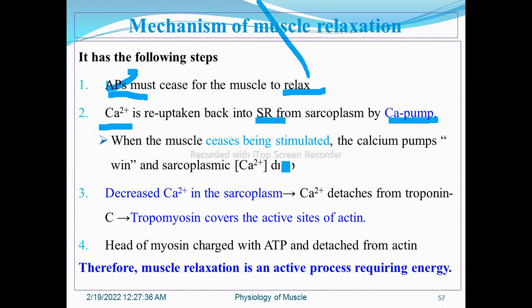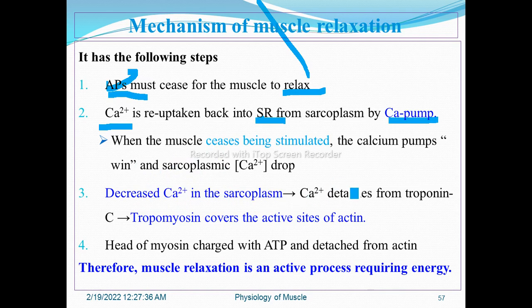When the muscle ceases being stimulated, the calcium pumps win. Calcium drops in the sarcoplasm and increases in the sarcoplasmic reticulum.